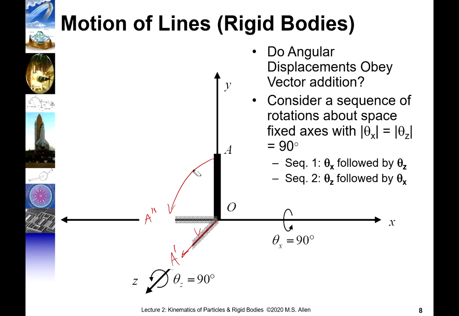And so this example shows that these two sequences give very different end results. And so we can't say that we can just add up, say, a vector rotation x plus a vector rotation z, because addition cannot depend on the order of operations. It should be independent of that.